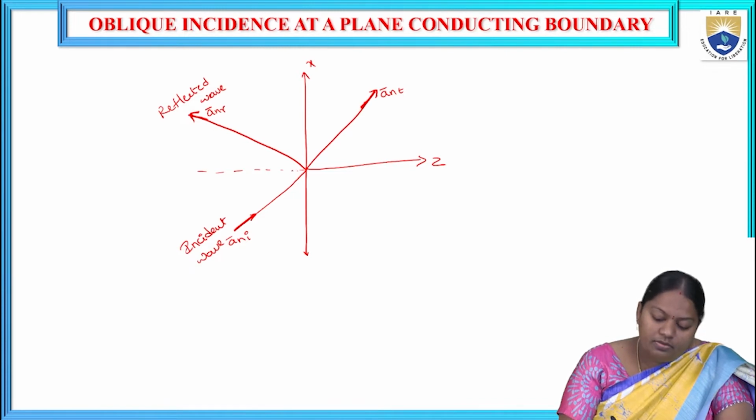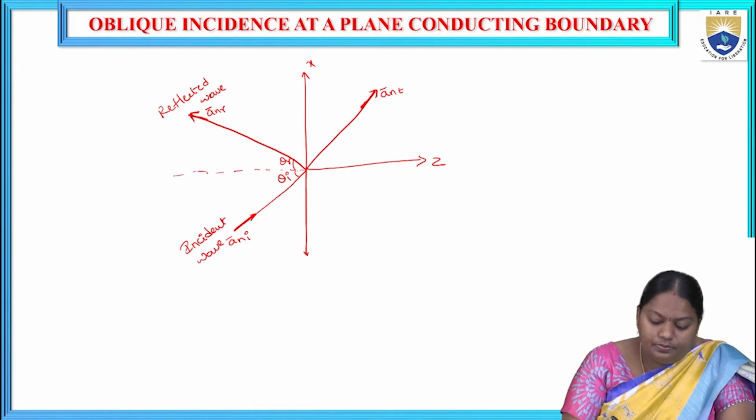Now, the incident wave makes an angle, consider it theta I, and the reflected wave makes an angle theta R. The intersection points are considered here.